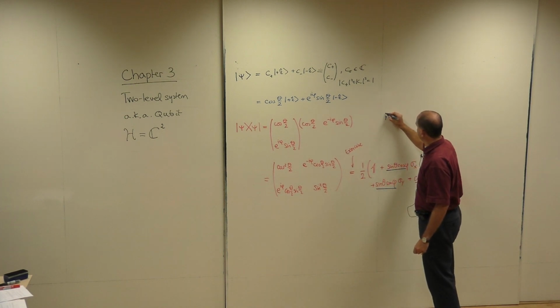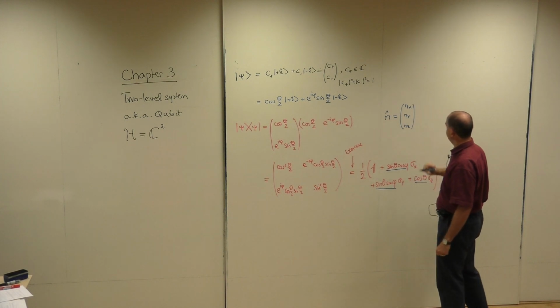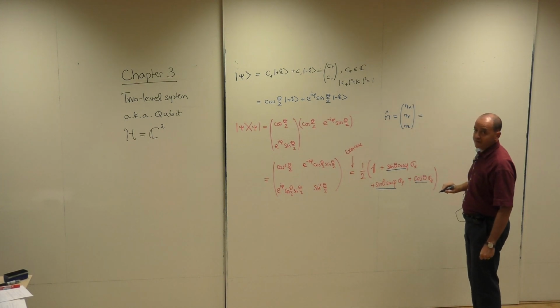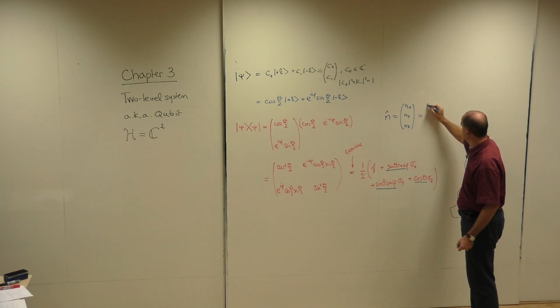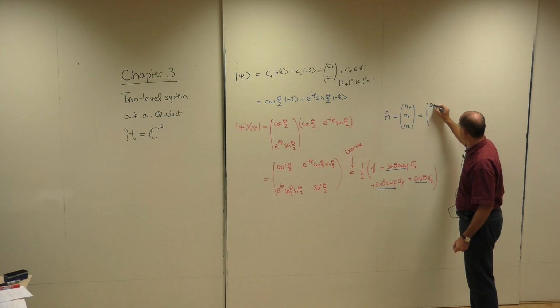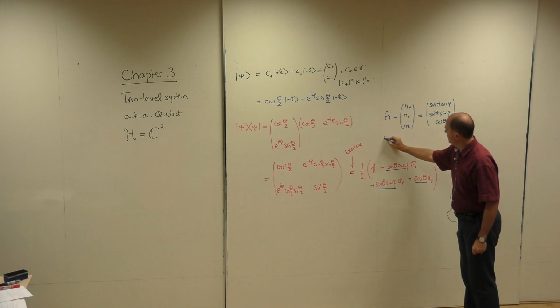You have a unit vector n equal to nx, ny, and nz in Cartesian coordinates. If you connect the Cartesian components with the spherical coordinate components, you would get exactly these: sin theta cos phi, sin theta sin phi, and cos theta. And this is a vector of length 1, right?